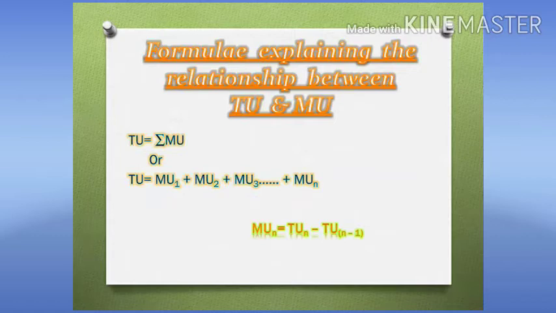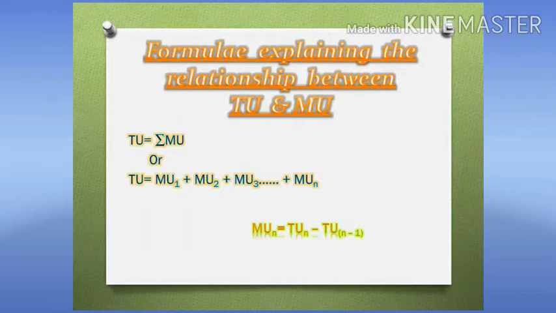Let us solve one example. Suppose we want to calculate marginal utility of the fifth unit. So, marginal utility of fifth unit is equal to total utility of fifth unit minus total utility of fifth minus 1 unit.